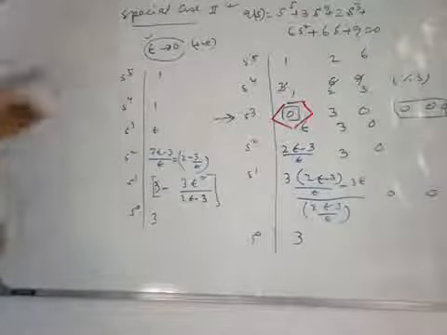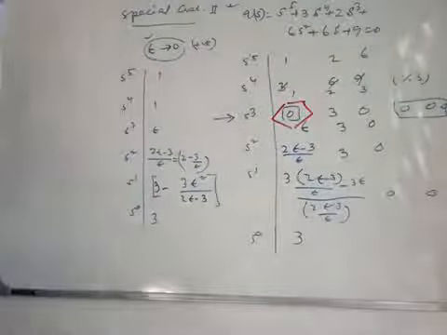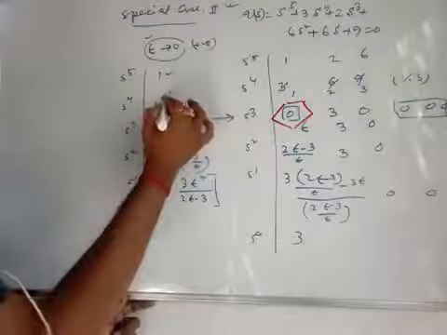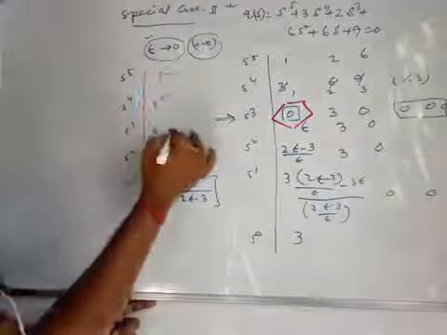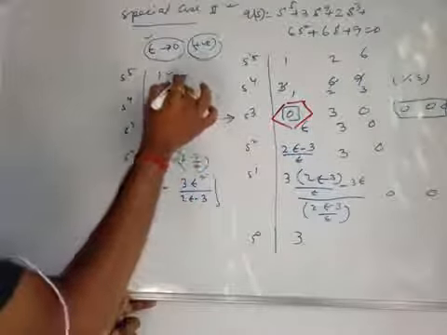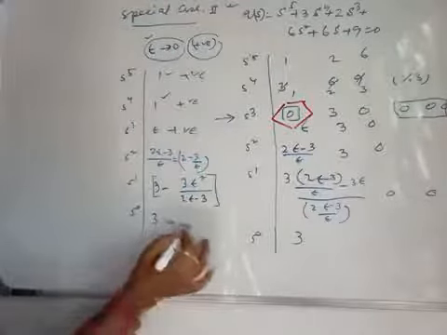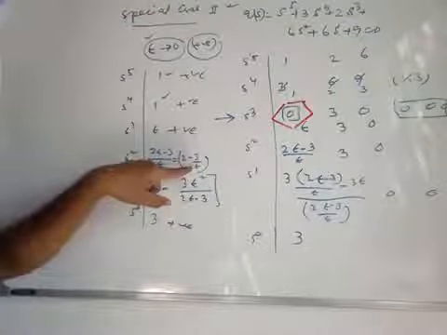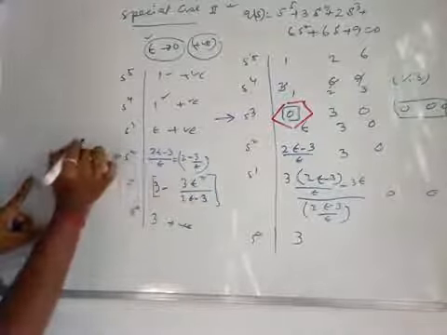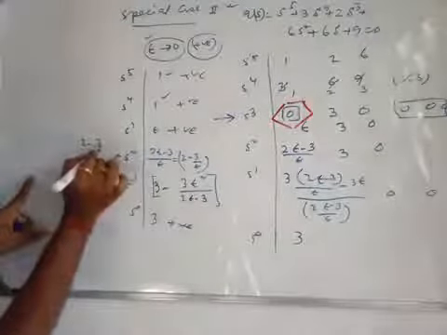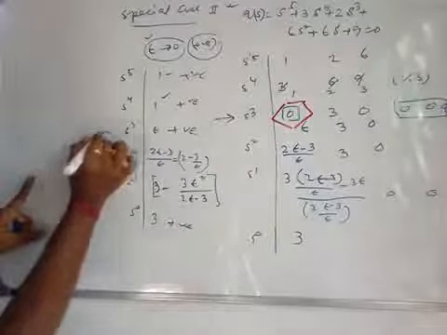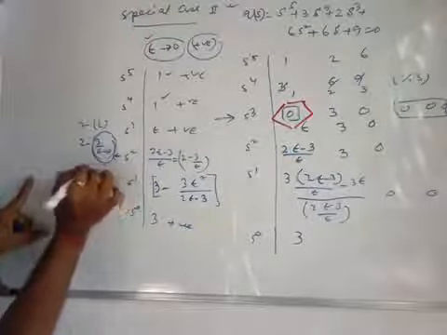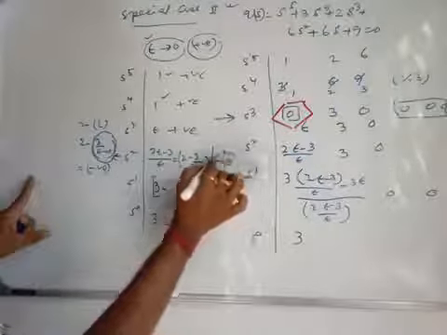Now you have to find out whether all the elements are positive, or all the elements are negative, or any element is negative. So this is positive, this is positive. Once epsilon is taken as positive, this is again positive. And when epsilon tends to 0, 3 by epsilon is a very large quantity, right? So 2 minus 3 by epsilon, that is 2 minus a very large quantity, gives you a negative value.